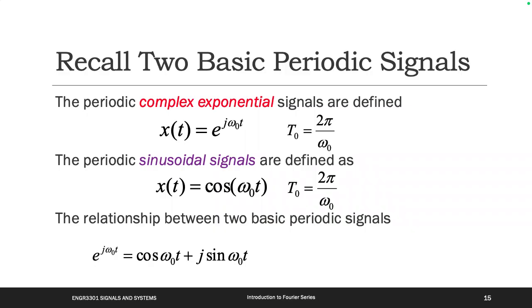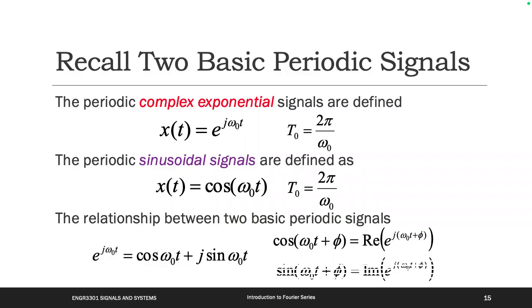We have already talked about this in chapter 1. Based on this, you can see this one is the real part, and this is the imaginary part. Any questions so far?